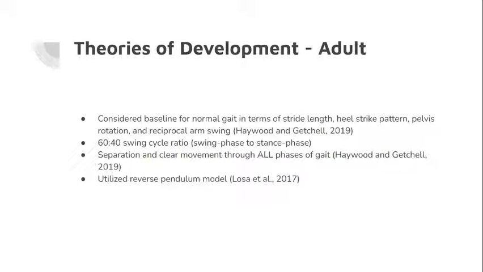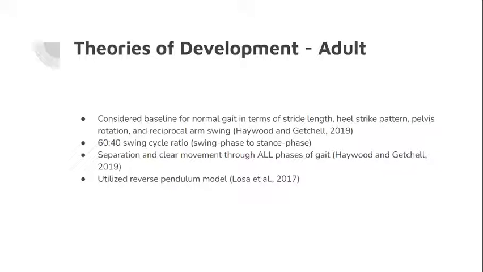Right, there's going to be a separation and clear movement through all the phases of the gait. So we could clearly see each individual phase having to do with the gait cycle, whether it be the pre-swing, mid-swing, mid-stance, terminal swing, all that. We could clearly see all those patterns when we break it apart. Compared to a toddler, where there might be a lot less slow transition, you might have to pick it apart a lot more. You might see them stumbling through or kind of limping.